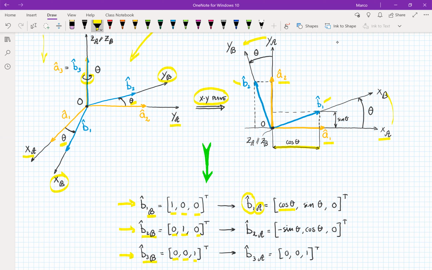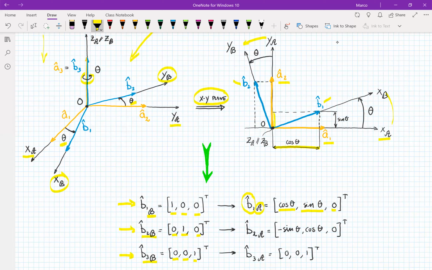The component of B1 in the YA direction is sine of theta. And of course, the component of B1 in the Z direction is 0, because B1 lies completely in the XY plane. Whether it is XA, YA or XB, YB, the plane is the same.